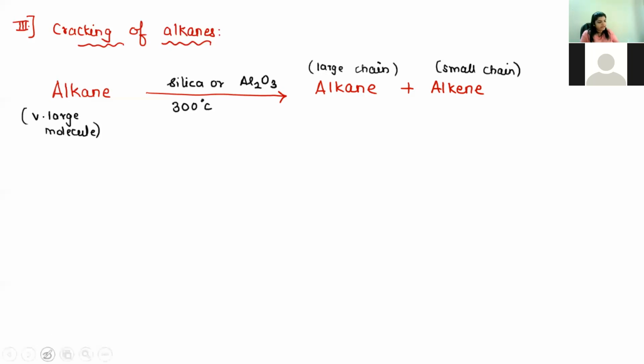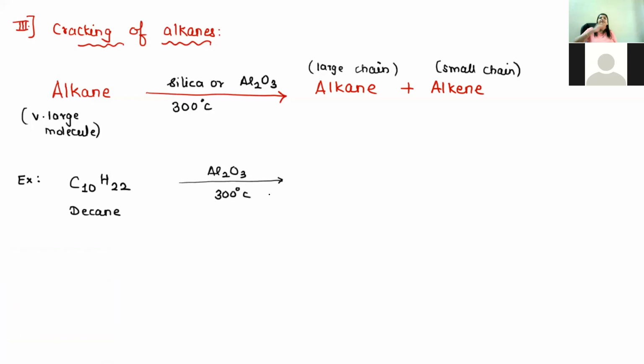Now, what do I mean by this? Let's take an example. For the alkane, I'm taking C10H22. This is decane, with Al2O3 and 300 degrees Celsius.